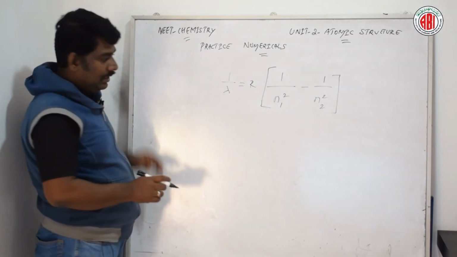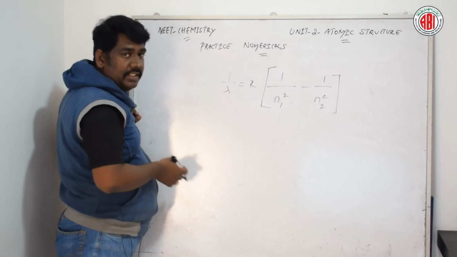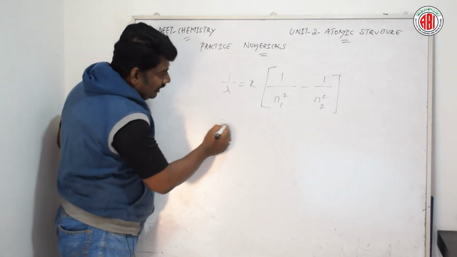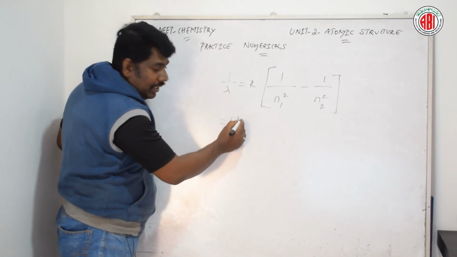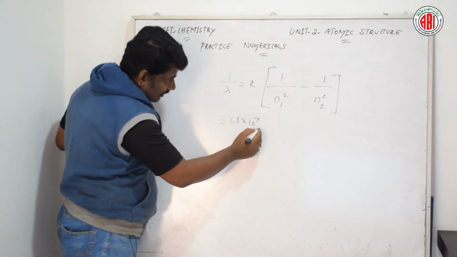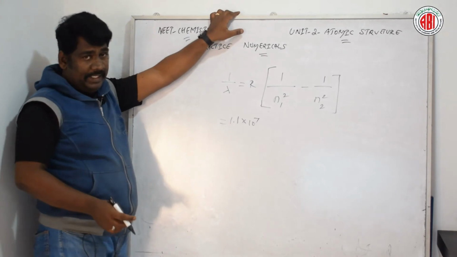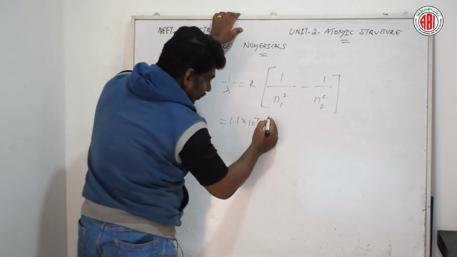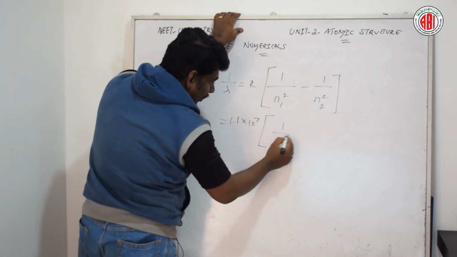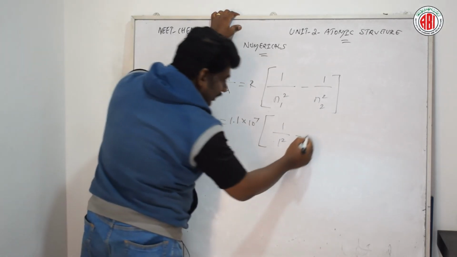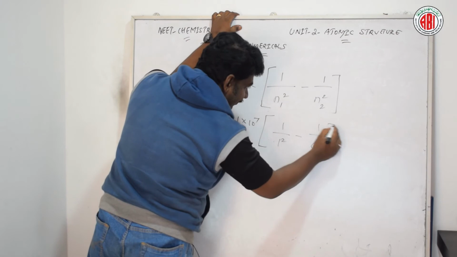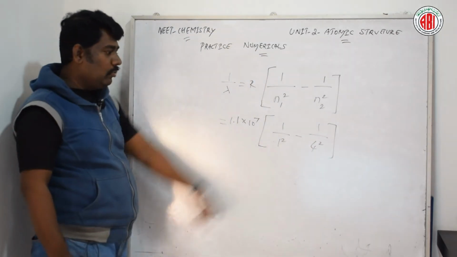Now applying the values given in the formula, that is the Rydberg constant value given in the question, 1.1 into 10 to the power of 7, into 1 by n1 square. Here n1 is to be considered as 1, so 1 by 1 square minus 1 by n2 square, that is to be considered as 1 by 4 square, to the first orbit.